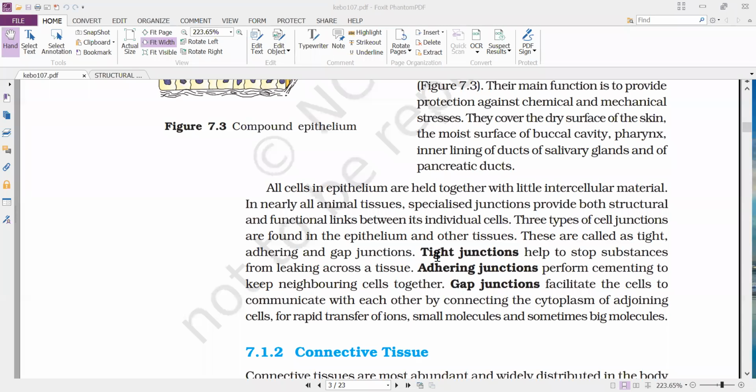And next, gap junctions. Gap junctions facilitate the cells to communicate with each other by connecting the cytoplasm of adjoining cells for rapid transfer of ions, small molecules, and sometimes big molecules also. There is some gap between one cell and another cell.